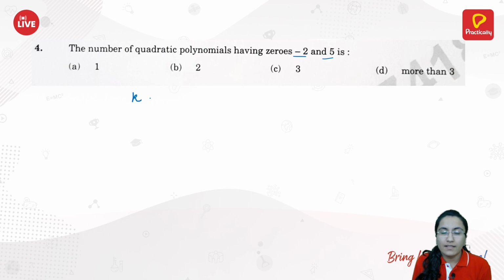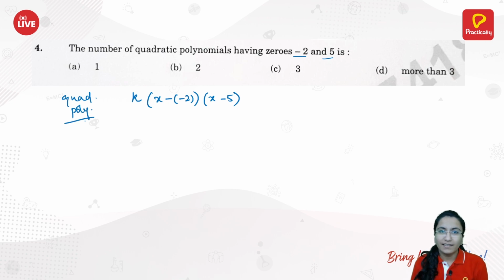It is the same as some constant k into x minus the first zero into x minus the second zero. This is the quadratic polynomial which has zeros as -2 and 5, and you can put any value of k here. k could be any real number.